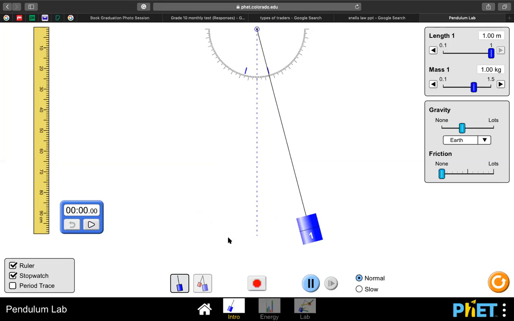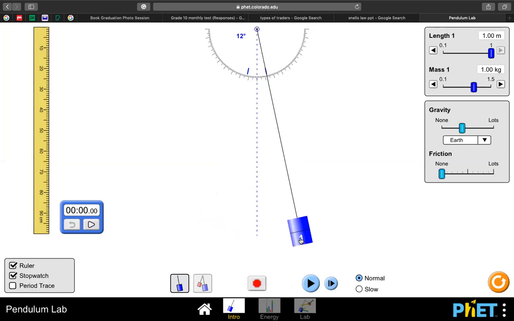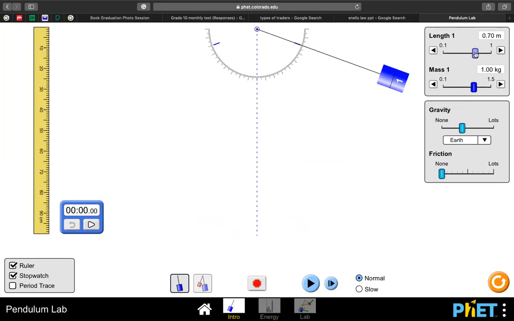All right. Another thing that affects the simple pendulum is the angle that we place it. So we originally placed it at 15, right? Now, what if we place it at 70? And let's put this back down to 0.5.